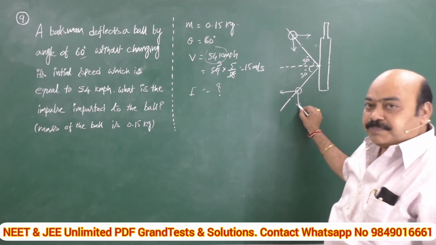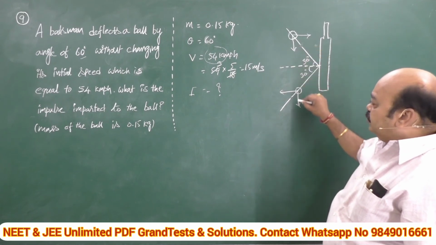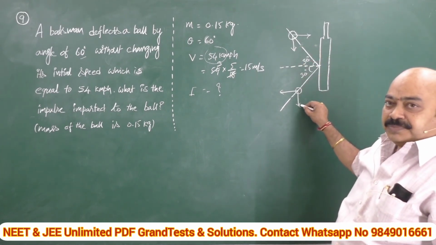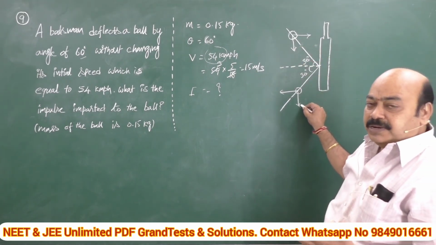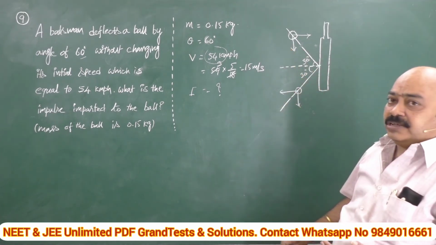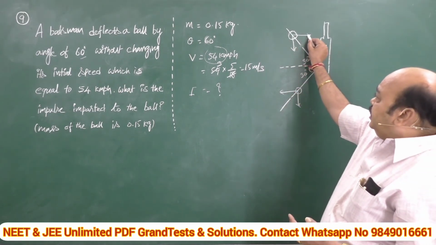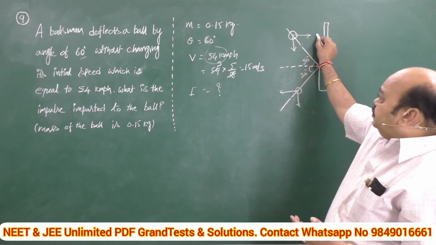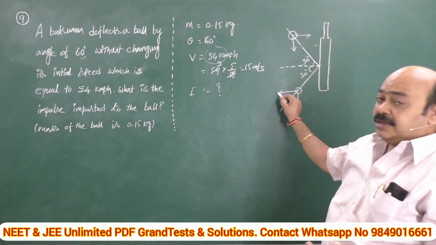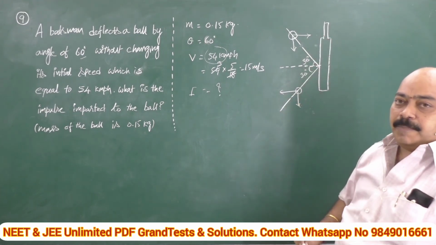As we discussed in the theory class, there is no change in the horizontal component. That's why change in momentum should be measured in vertical direction only. If we consider this one as mu positive, this one should be away from the bat since it is minus mu.